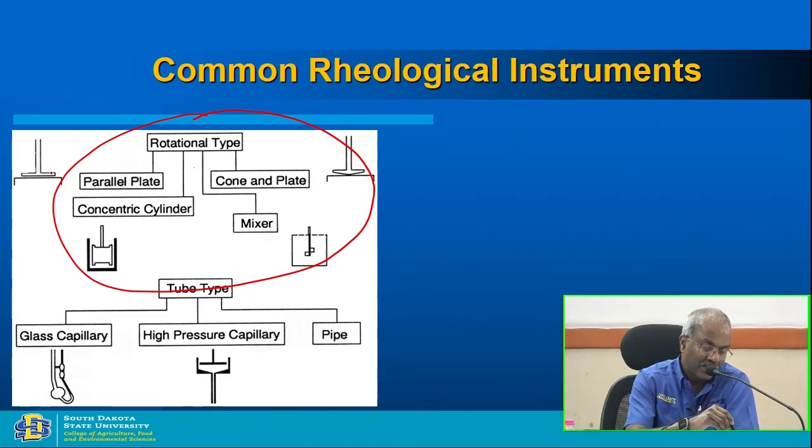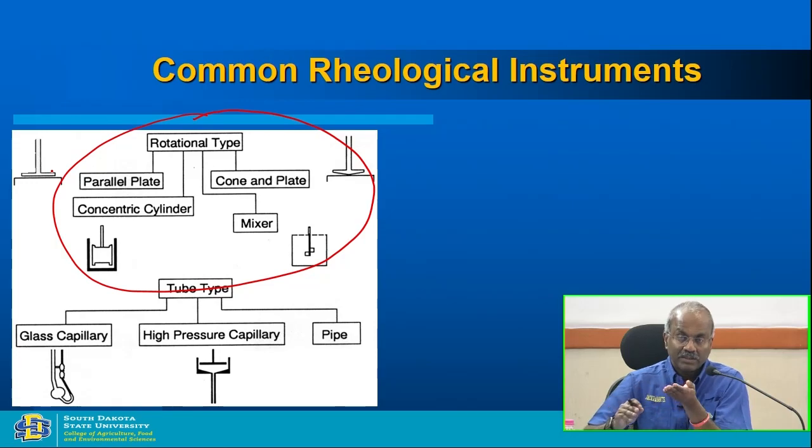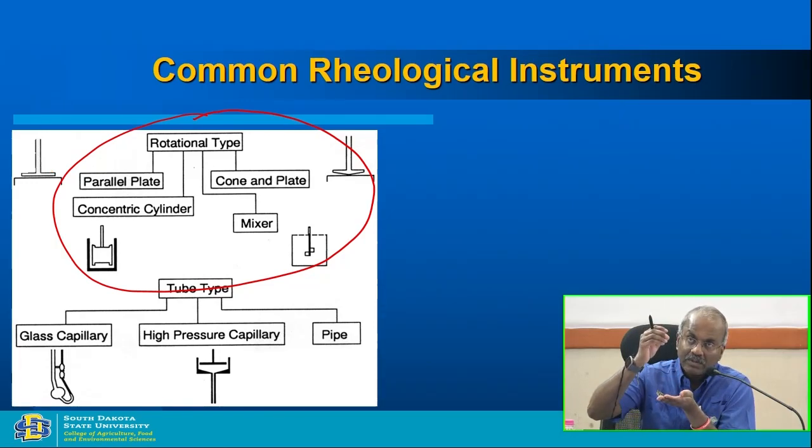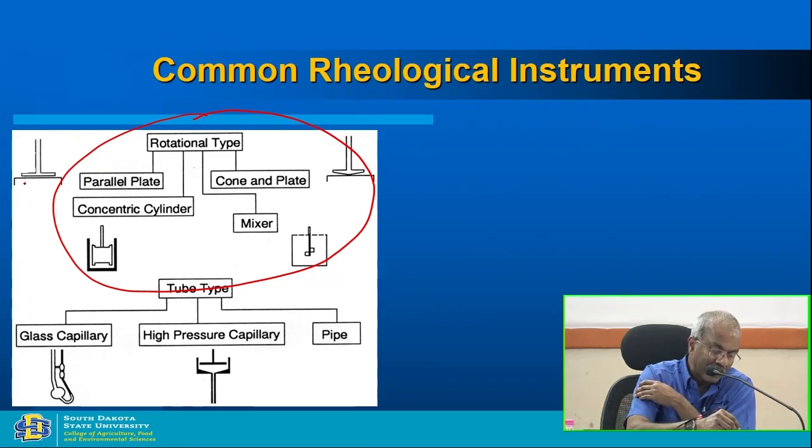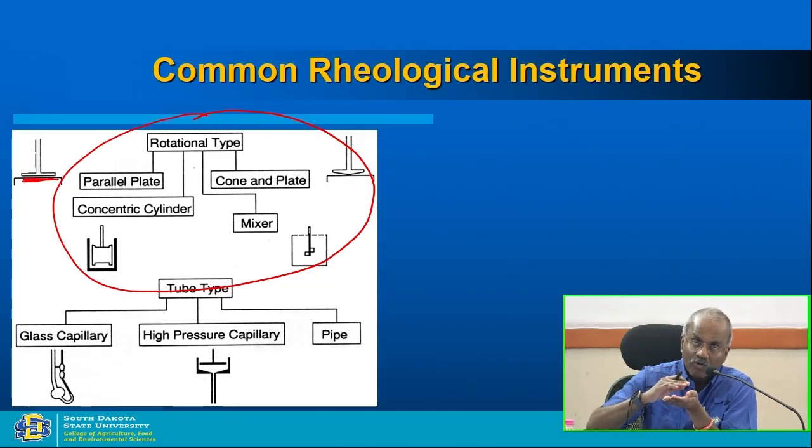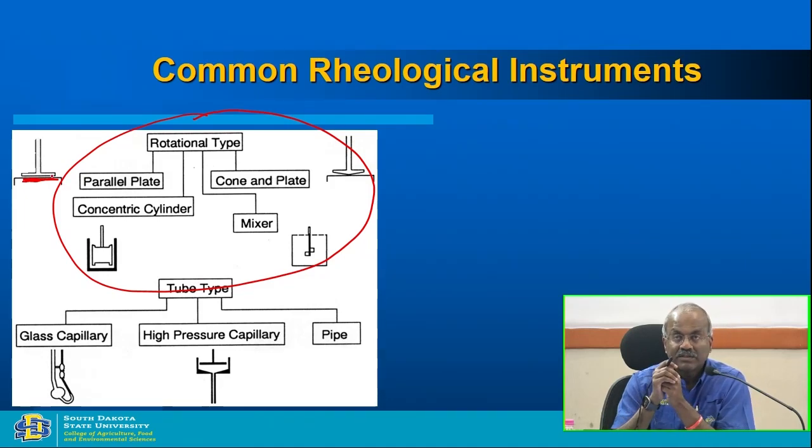What you see here is a parallel plate, meaning there's a bottom plate and a top probe. You put your sample between the bottom plate and the probe, then lower the probe, and you can compress it, or do an oscillation test, things like that. You can rotate your probe. We will talk more on that this afternoon.